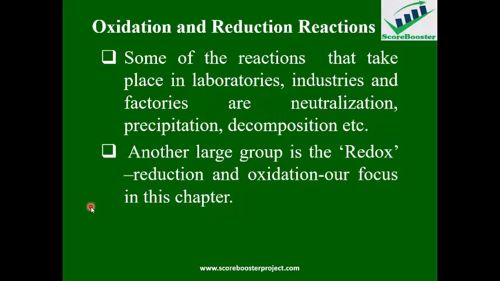We have decomposition, neutralization, precipitation, double decomposition, displacement, even replacement, then oxidation.